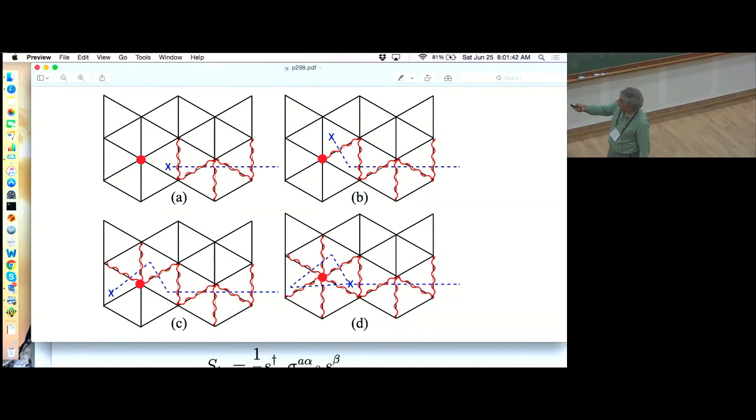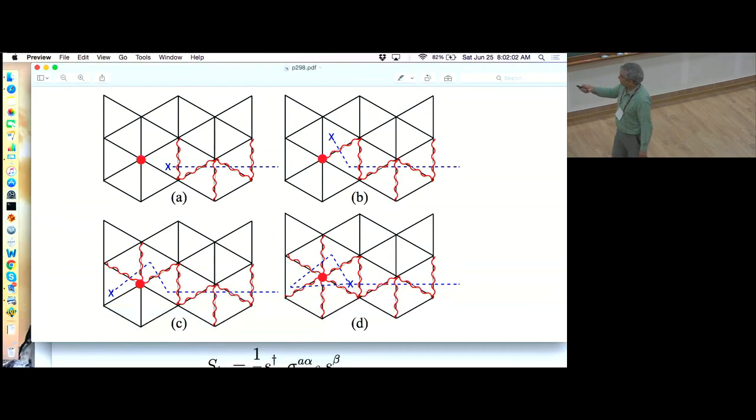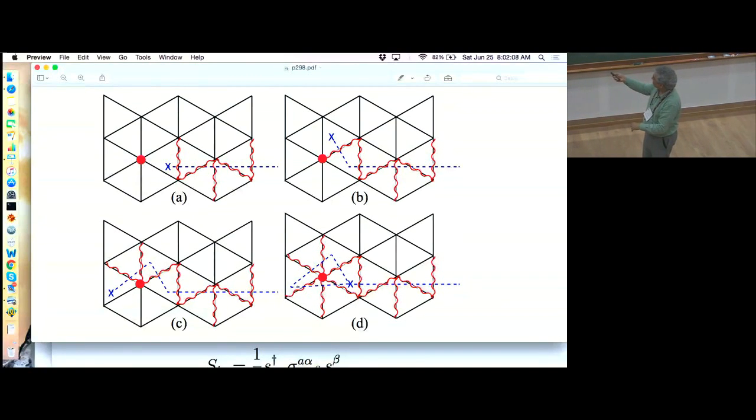So now this state is not the same state as this one, even though in terms of excitation, they've come back to the same point. What it differs from is the change in the dimer on every bond coming out of this side. Okay, but I can get rid of that by a gauge transformation. I can just do a gauge transformation on this side. It doesn't change the wave function at all.